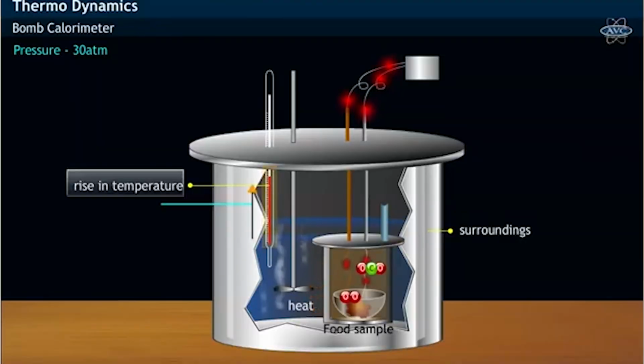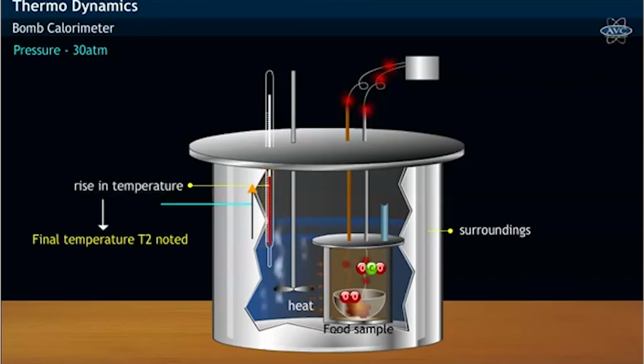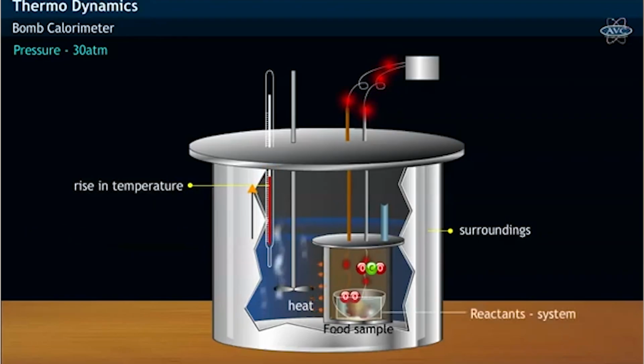The temperature of water in the calorimeter is noted and the compound, taken in a platinum cup, is ignited by passing an electric spark with the help of a filament.